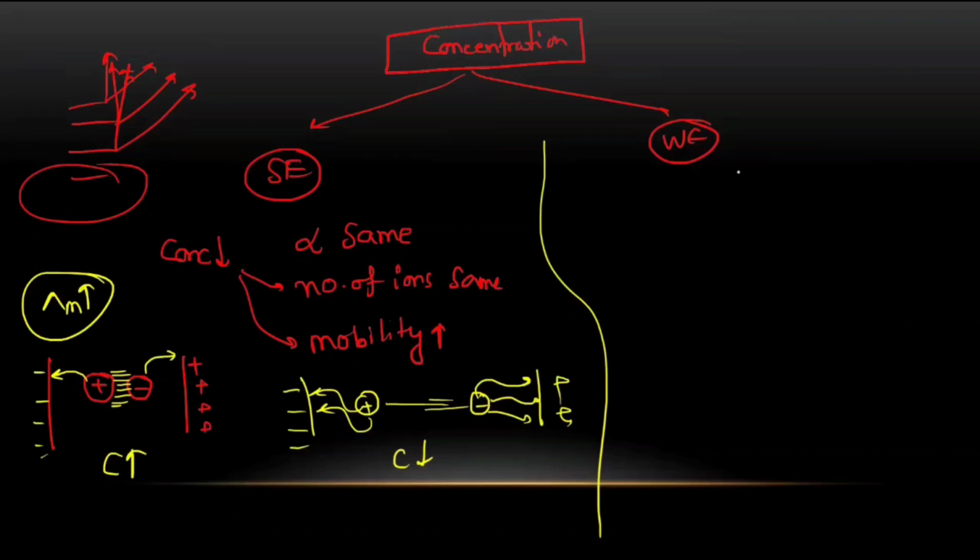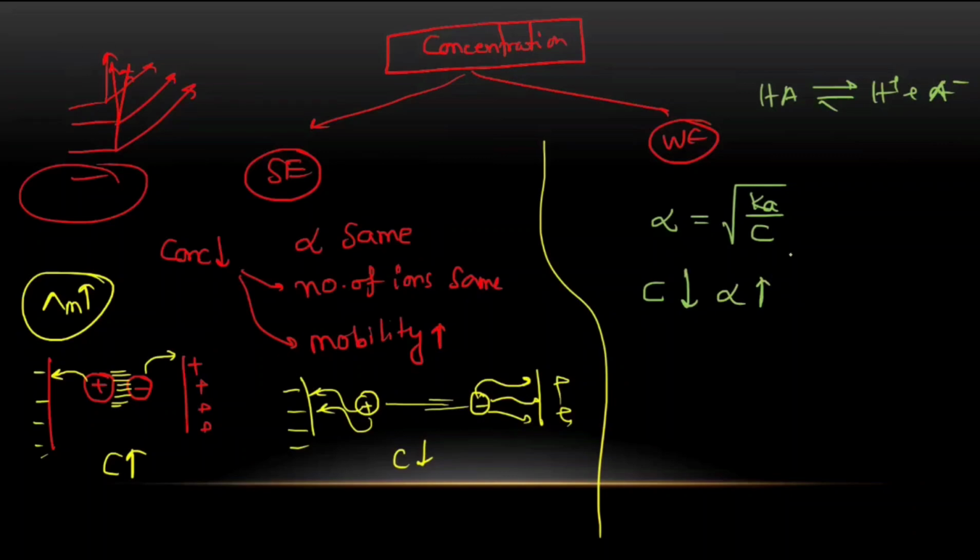Now we know alpha, the degree of dissociation, equals root over Ka by C. If we consider dissociation of HA into H plus and A minus, this equation comes: alpha equals root over Ka by C. Now if concentration decreases, alpha will increase, which means the number of ions will increase. And with dilution, mobility is also increasing.